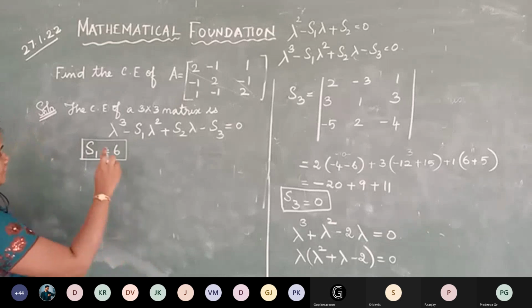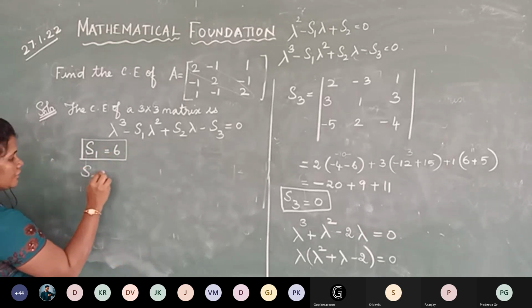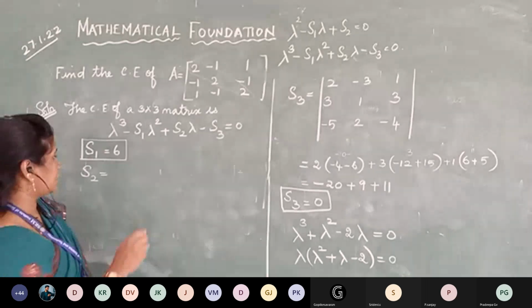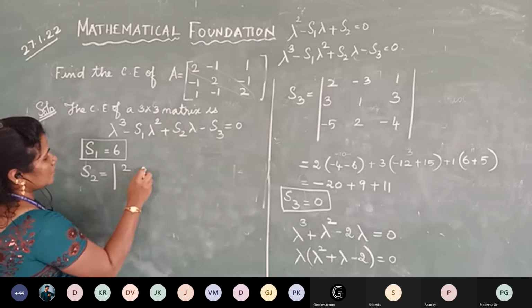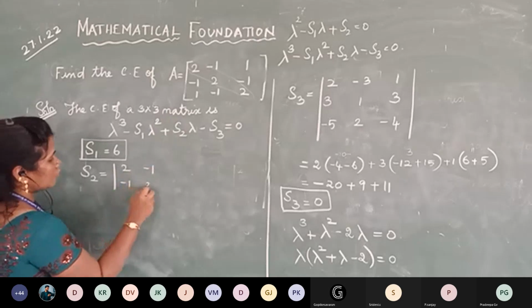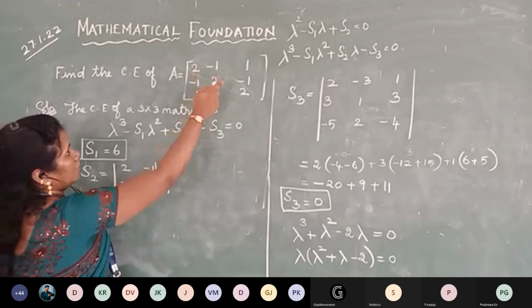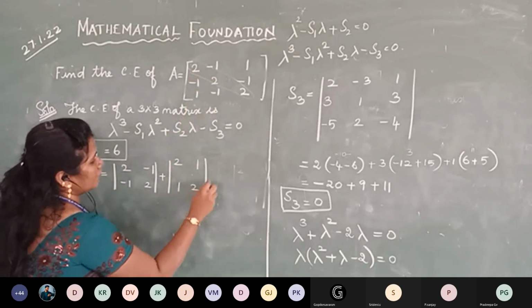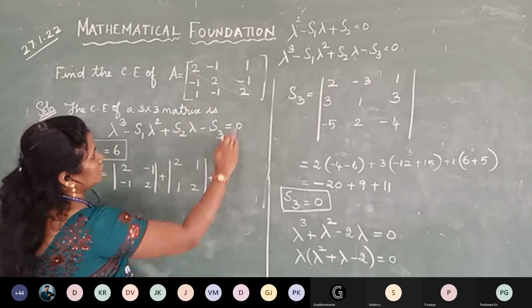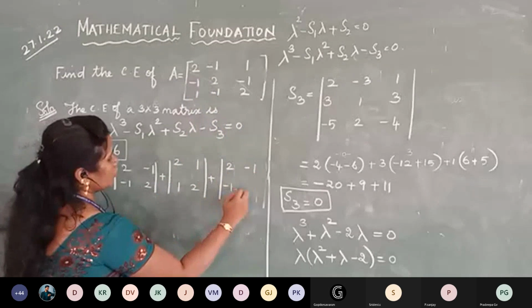Very good. Next, we have to find out your S2. S2 is the sum of the minors of the main diagonal elements. So first write your minors. Your minor will be 2, minus 1, minus 1, 2, plus, for this 2 you're going to write 2, 1, 1, 2, plus this 2, it will be 2, minus 1, minus 1, 2.